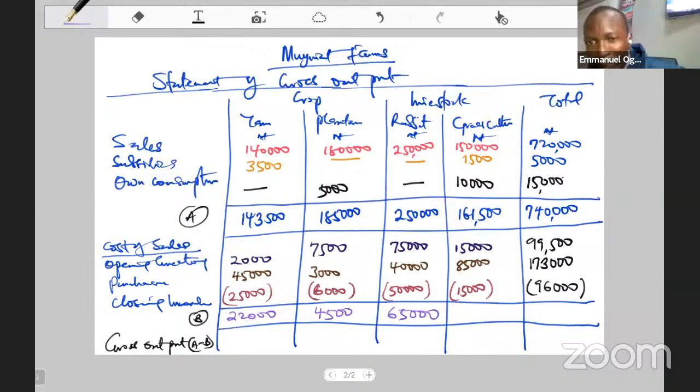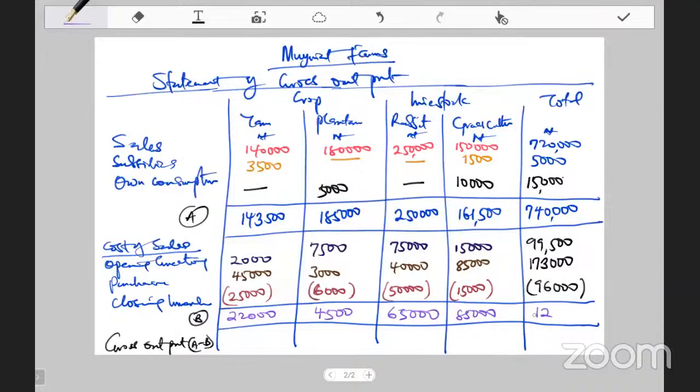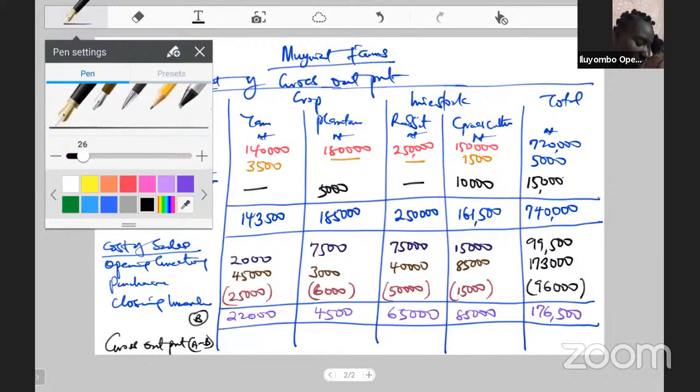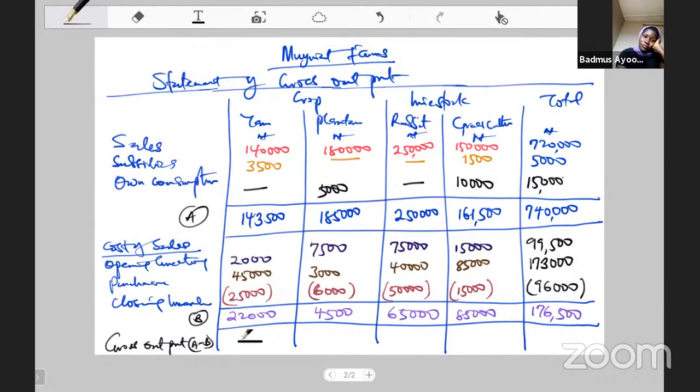What is for grasshopper? 85,000 naira. What is the total? 176,500. Yes, sir. In that case, let's now get our gross output.